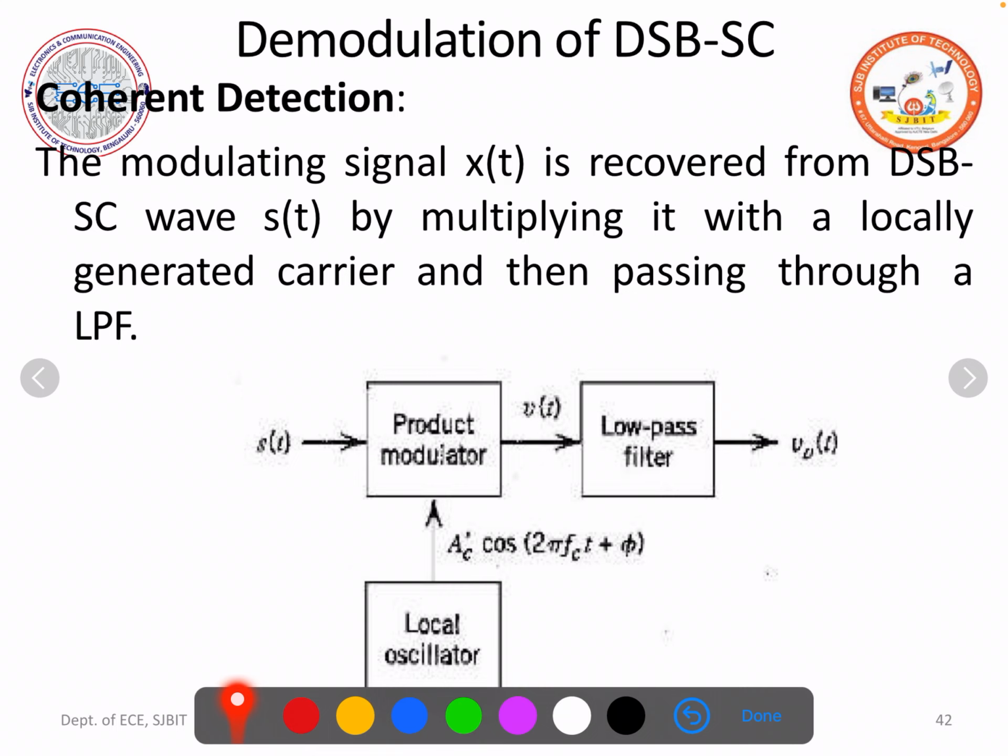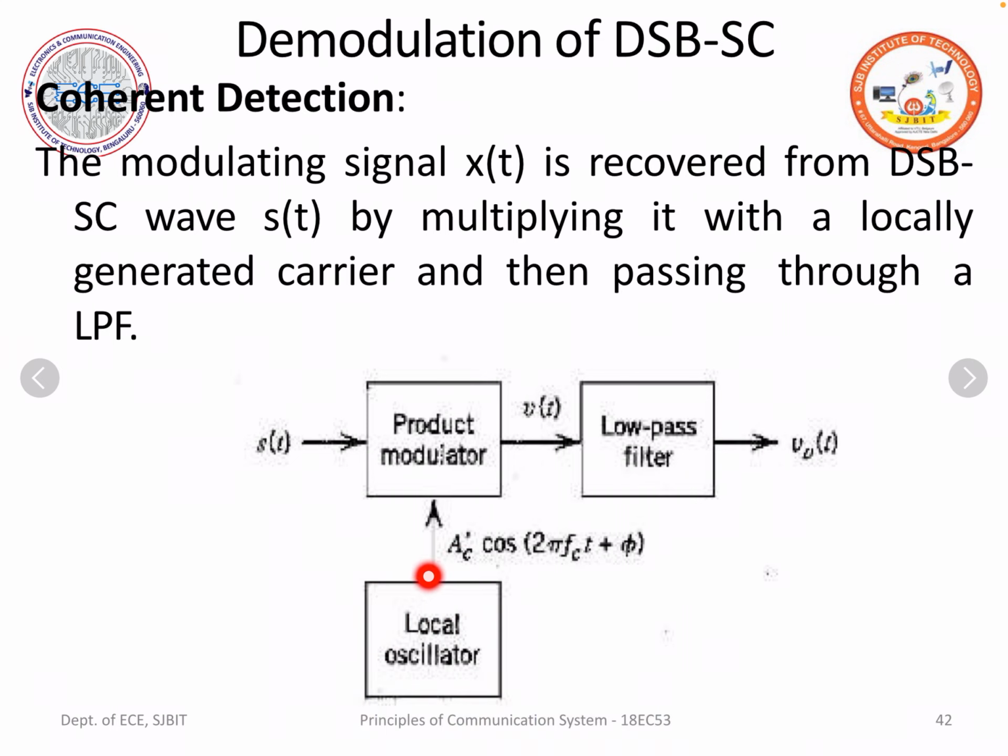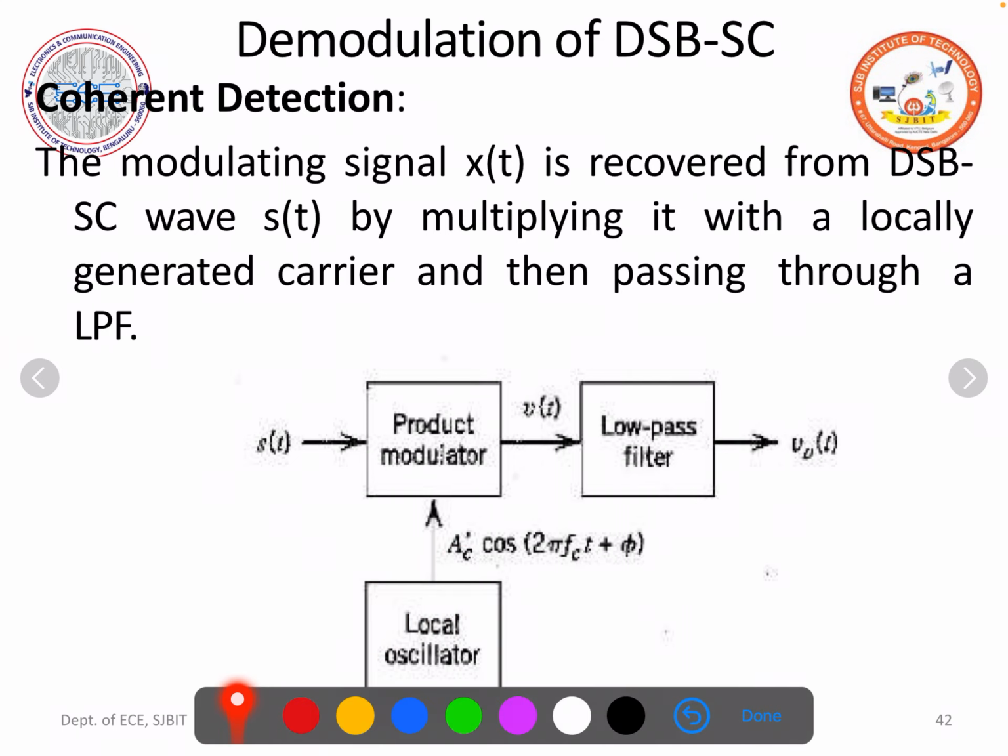It is assumed that the locally generated carrier is synchronized in both frequency and phase with the original carrier signal c of t, which we used to generate the DSBSC signal.